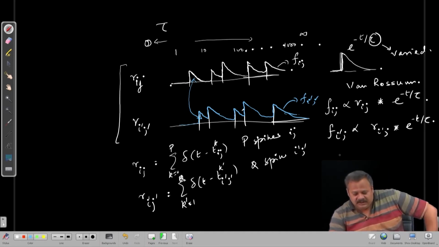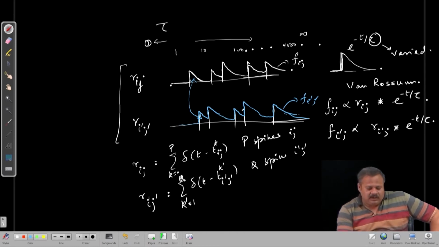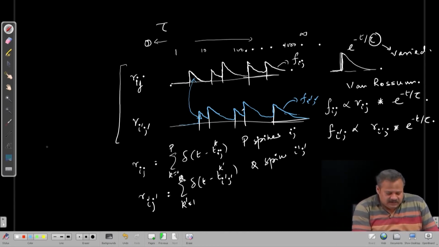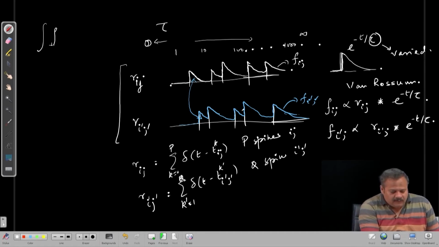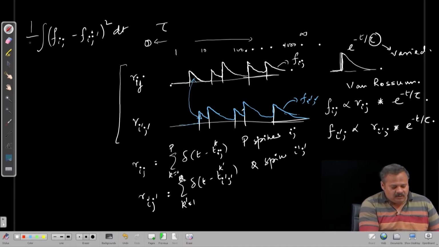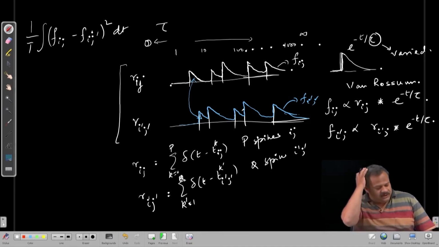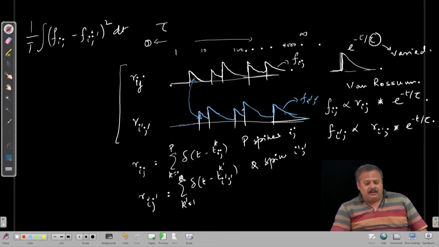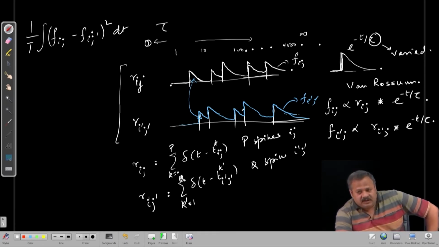And we are saying that the Euclidean distance is the integral, let me use the white color here, the integral of Fij minus Fi'j' squared as a function of t dt, normalized by the duration over which this calculation is being done. This is the distance metric.